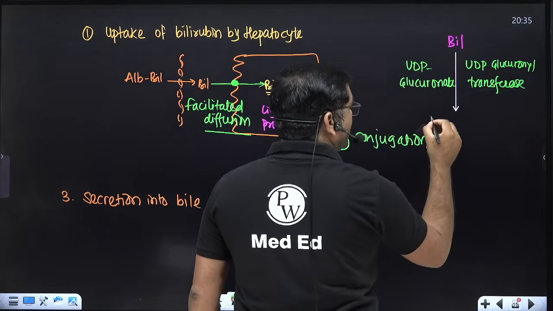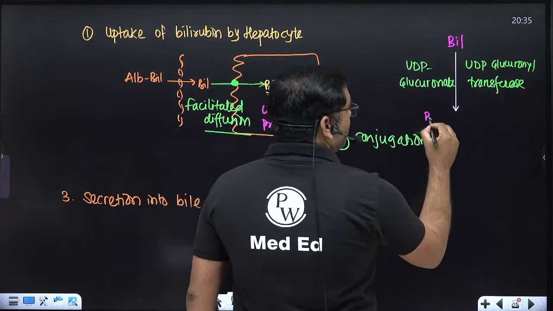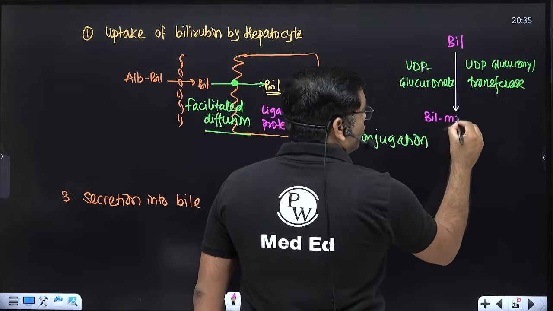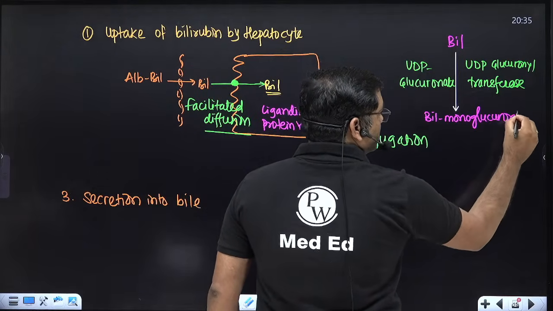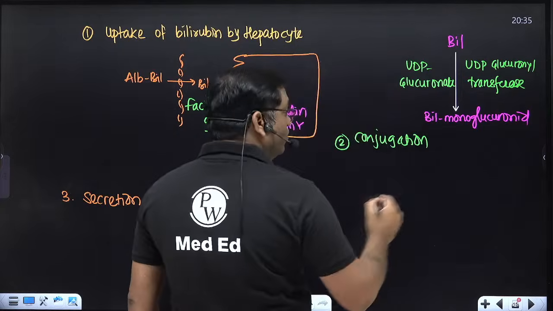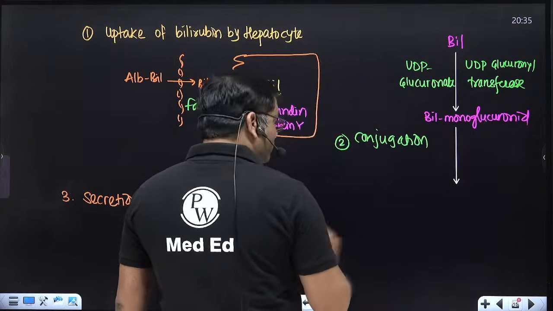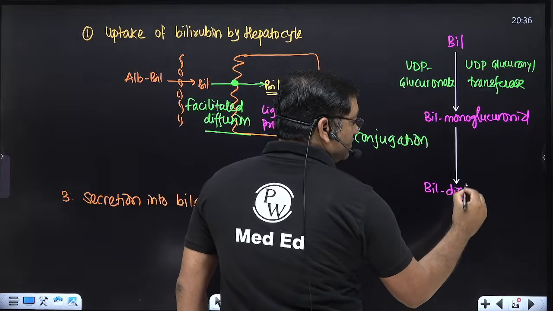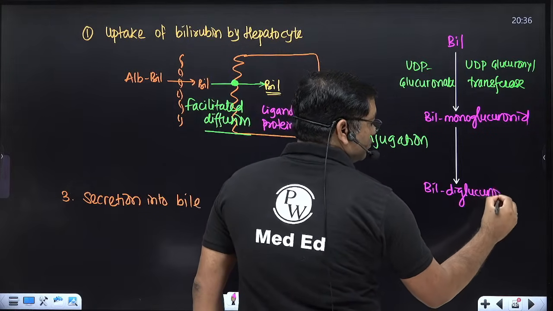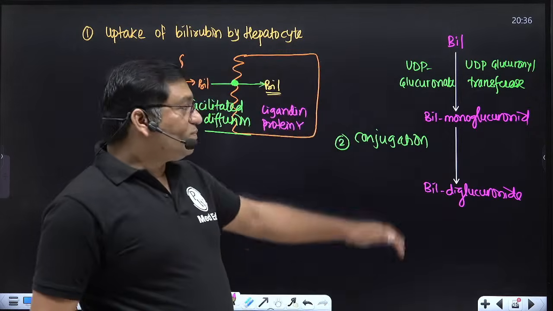It forms bilirubin monoglucuronide. So bilirubin is converted into bilirubin monoglucuronide, which is again converted into bilirubin diglucuronide by the same process, with the help of two molecules of UDP glucuronate.